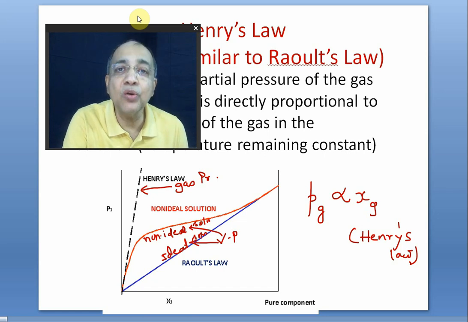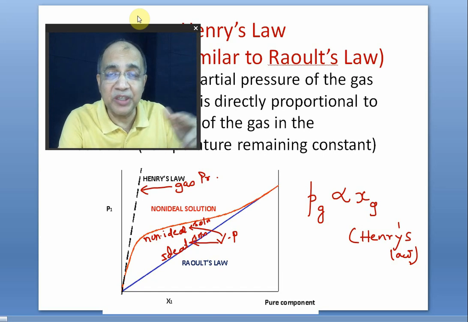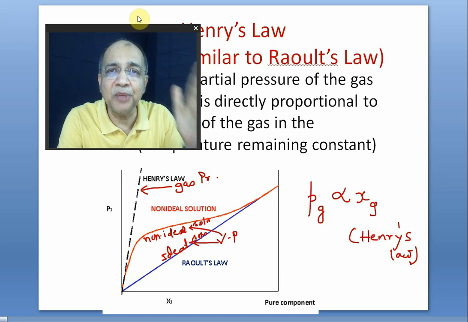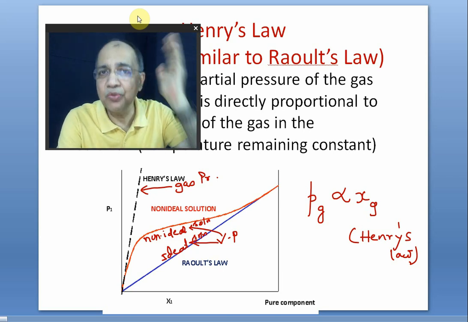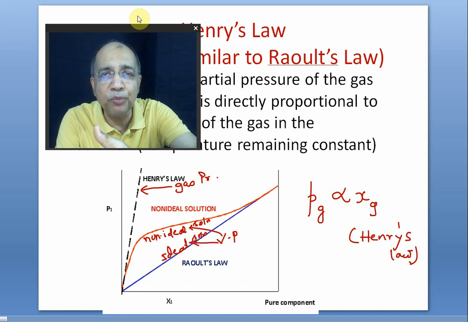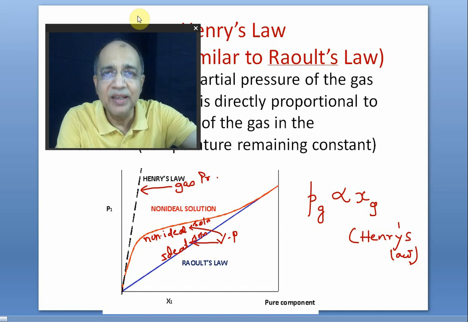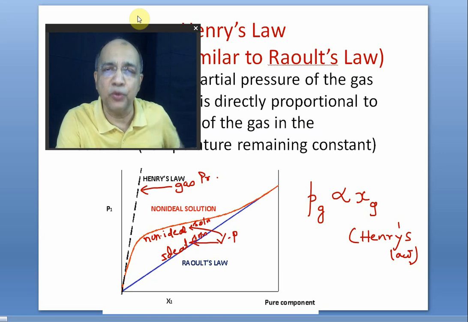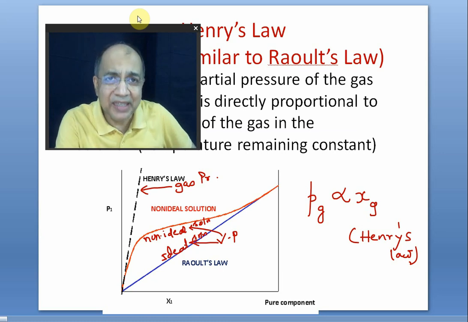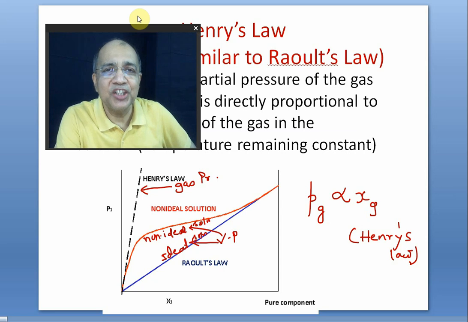One is related to Raoult's law. You remember Raoult's law for a binary liquid mixture: the left side, the y coordinate, was the partial vapor pressure, and the right side is equal to the mole fraction of that component in the liquid phase multiplied by a constant. And that constant in that case is the vapor pressure of the pure liquid. Here, the relation is very similar.